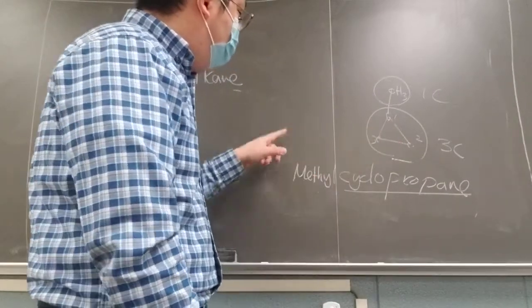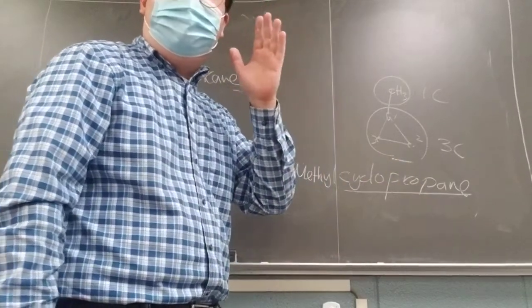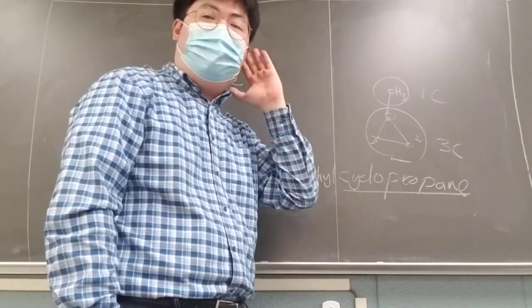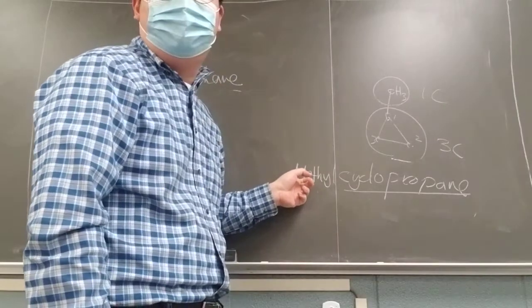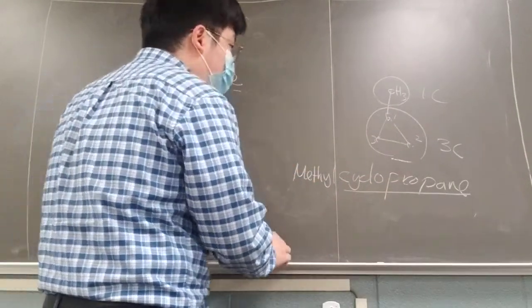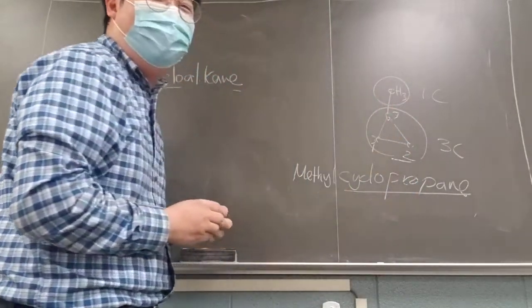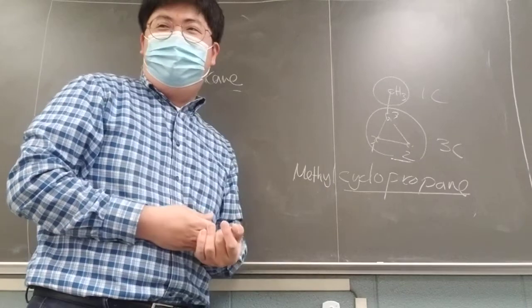So if I just say methylcyclopropane, people already know automatically this is on number 1 because there's no end. You're not gonna count the carbon like 1, 2, 3. Why would you do that? You always want it to follow the low one.